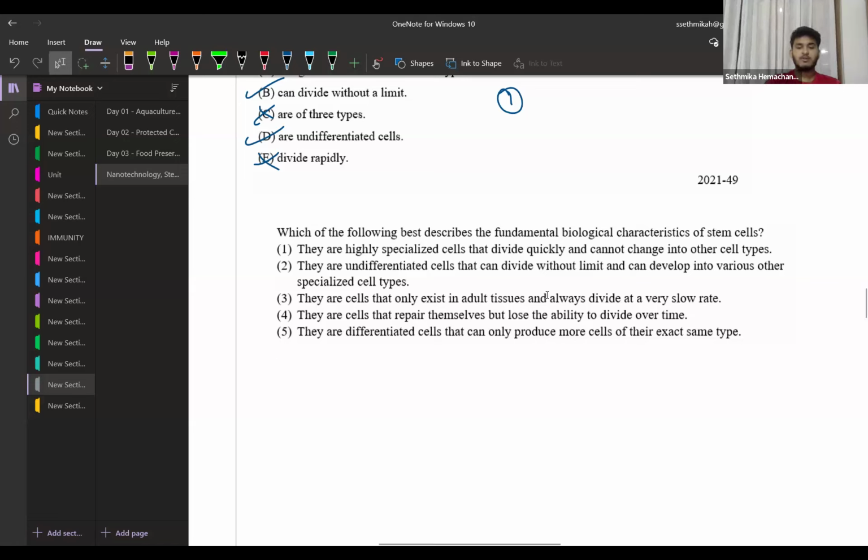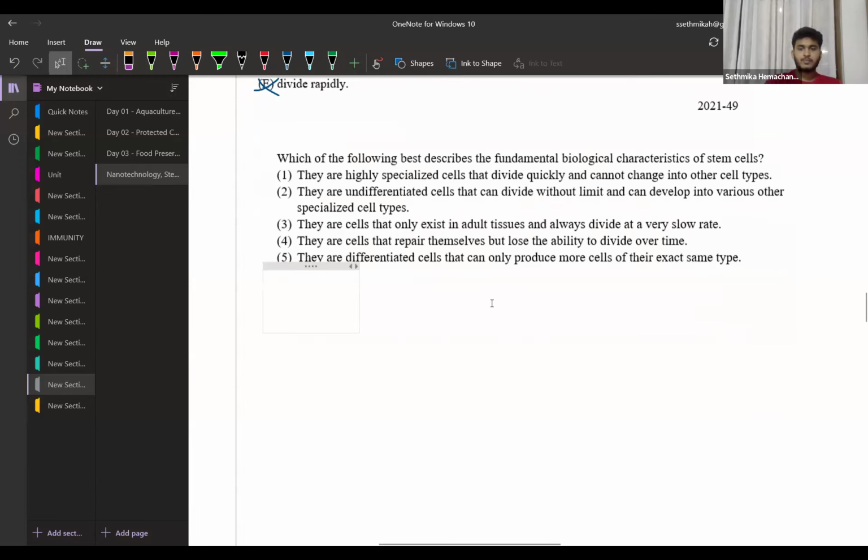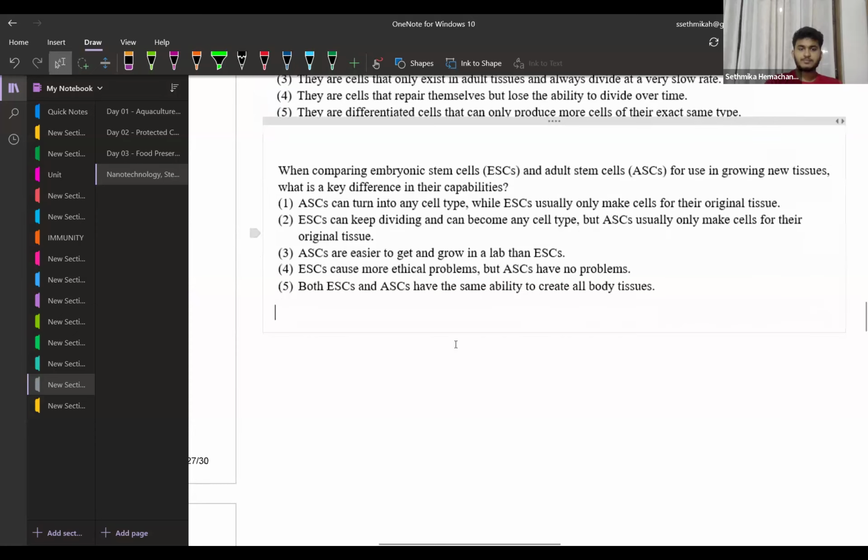No, they can develop different types of cells. So it's the second one. Try this question.